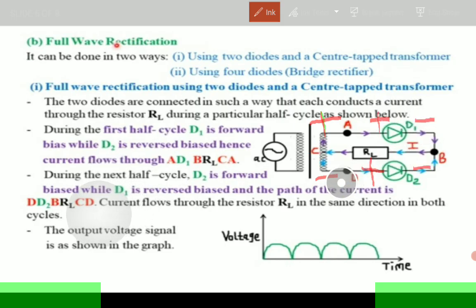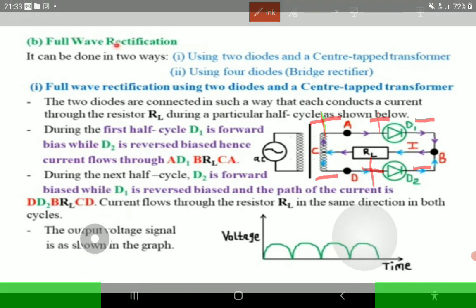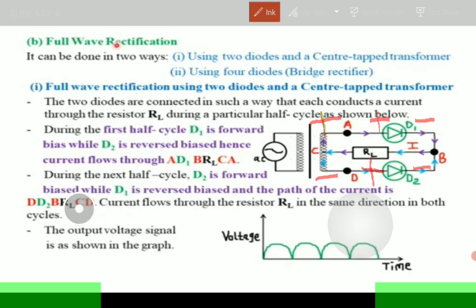It will not conduct. So that's basically how full wave rectification is done using two diodes and a center tapped transformer.